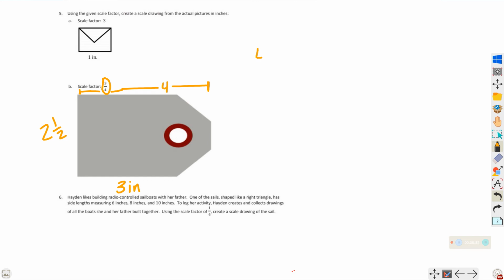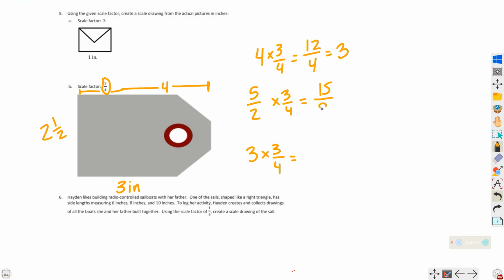So over here, 4 times 3/4, 2.5 times 3/4, and 3 times 3/4. 4 times 3 is 12, and 12 divided by 4 gets us back to 3. 2.5 can be replaced with 5/2. 5 times 3 is 15, and 2 times 4 is 8. 8 can fit into 15 once, and then we would have 7 left over.